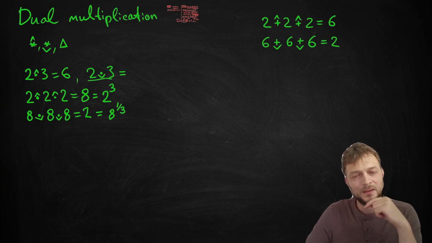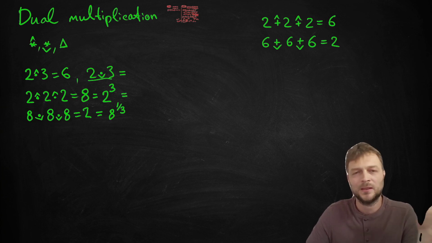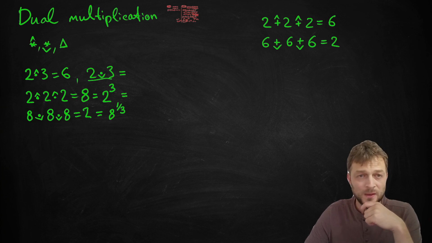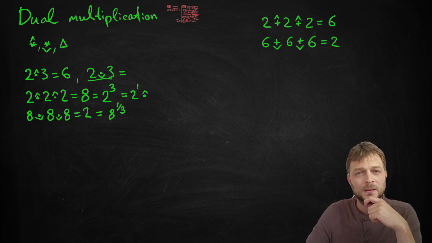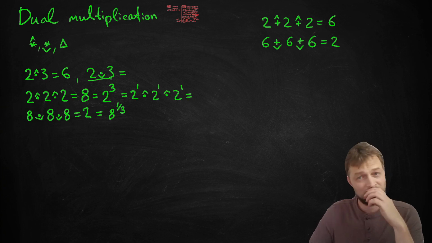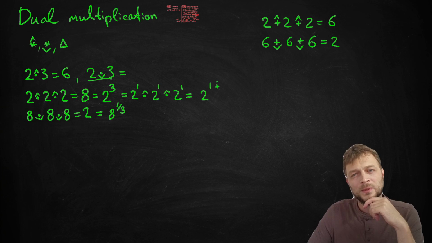Let's unpack a little bit more. Let's give some logic to this, how this can be seen from another perspective. That's 2 to the power 1, 2 to the power 1, 2 to the power 1, right? And this is equal to 2 to the power 1 plus 1 plus 1.